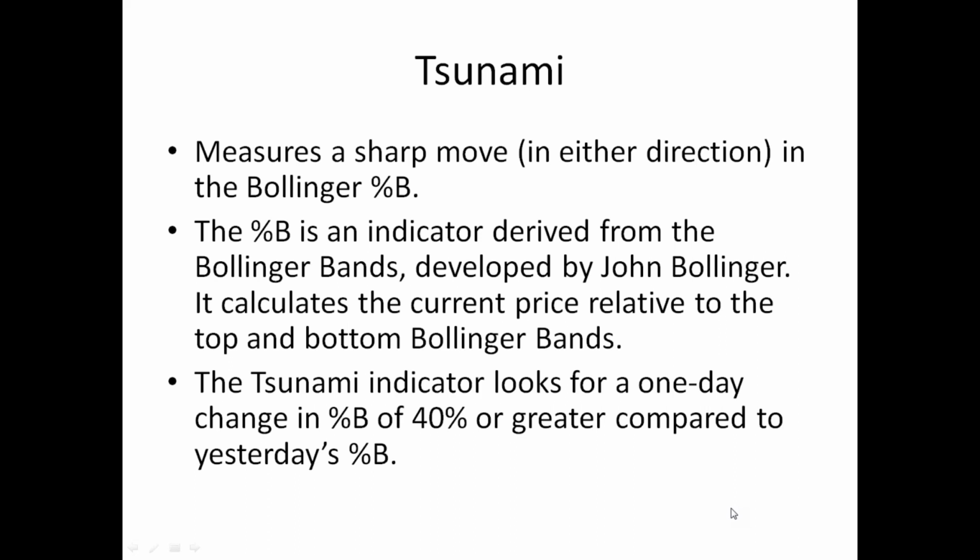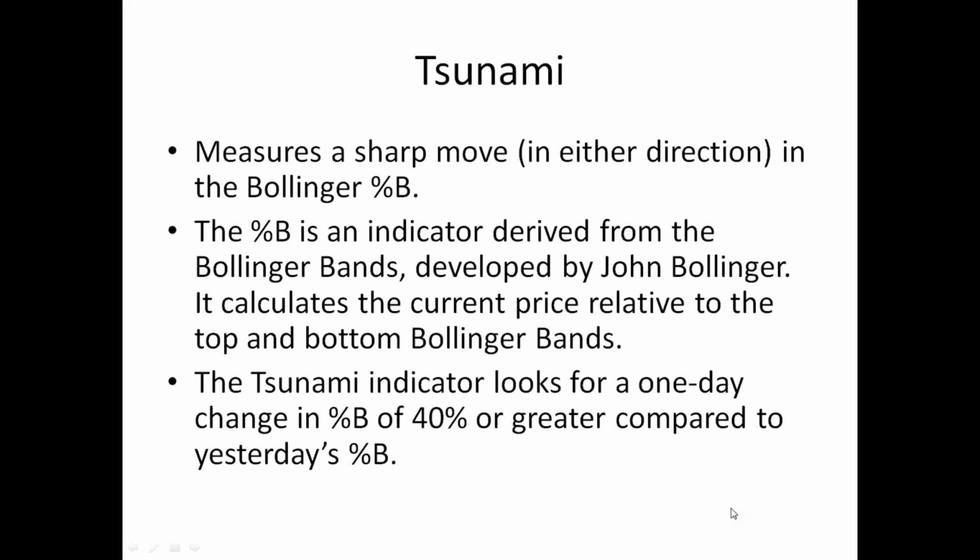What the Bollinger Bands are: standard deviation bands plotted around the price of a security. The standard deviation is plus or minus 2. So you have three bands, an upper band, a middle band, and a lower band.